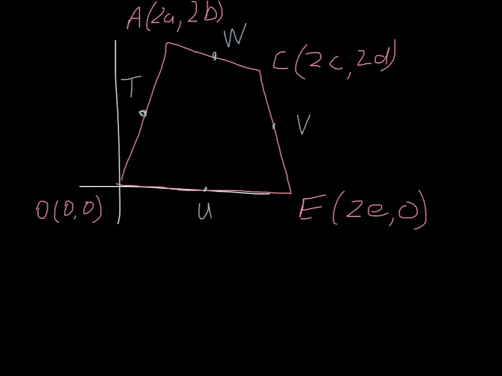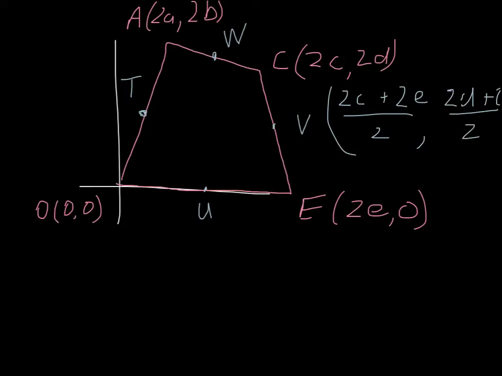Let's find the coordinates of V, which is the midpoint of CE. So you're going to add up your x's, 2c plus 2e all over 2. And we're going to add up our y's, 2d plus 0 all over 2.